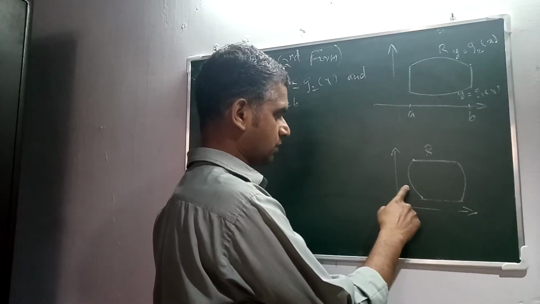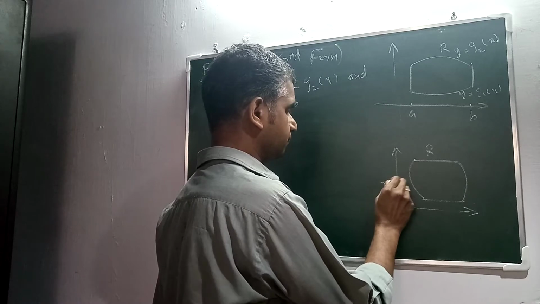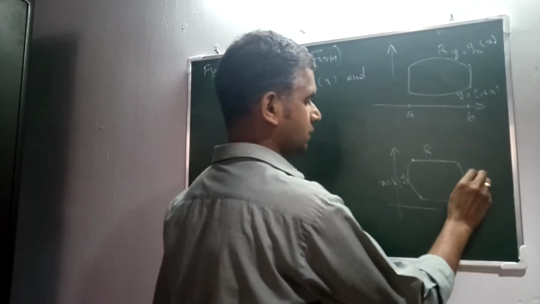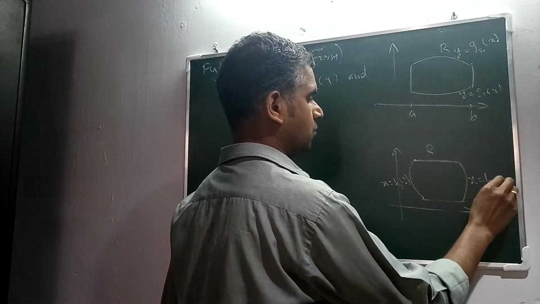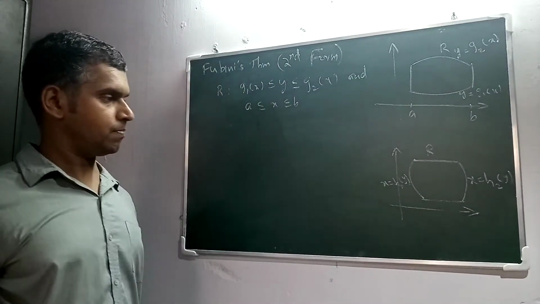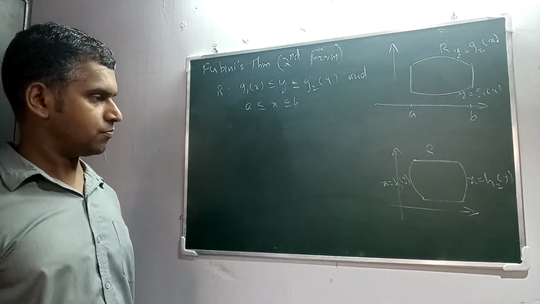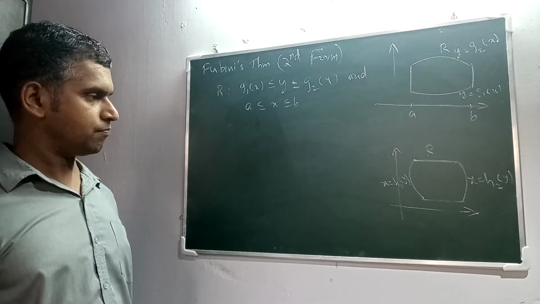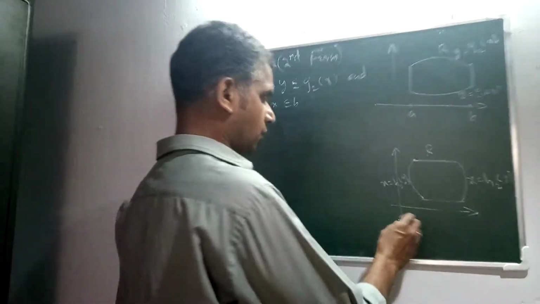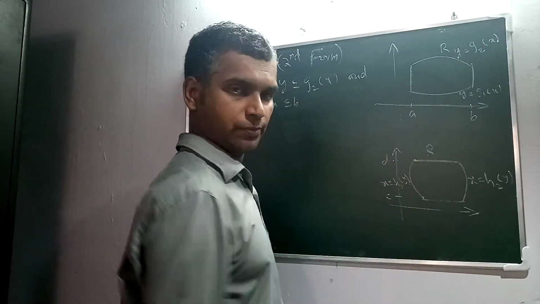So call this as, let us say, x is equal to h1 of y, and this is x is equal to h2 of y. And y varies from, let us say, c to d.